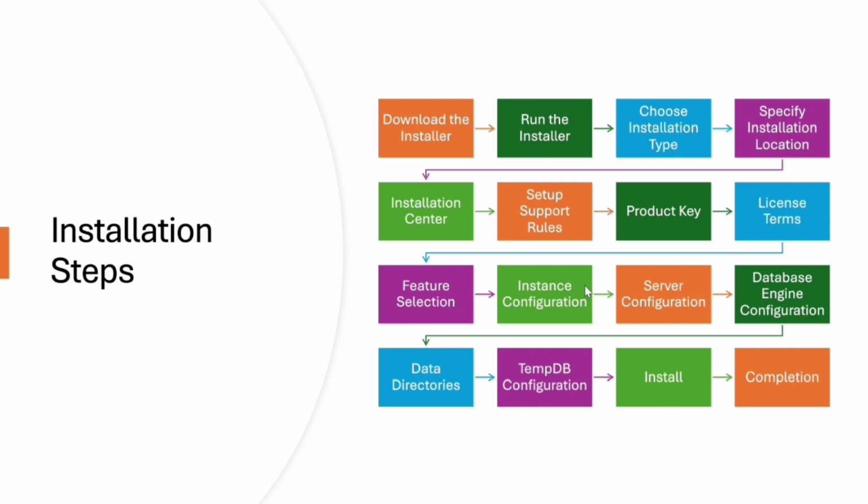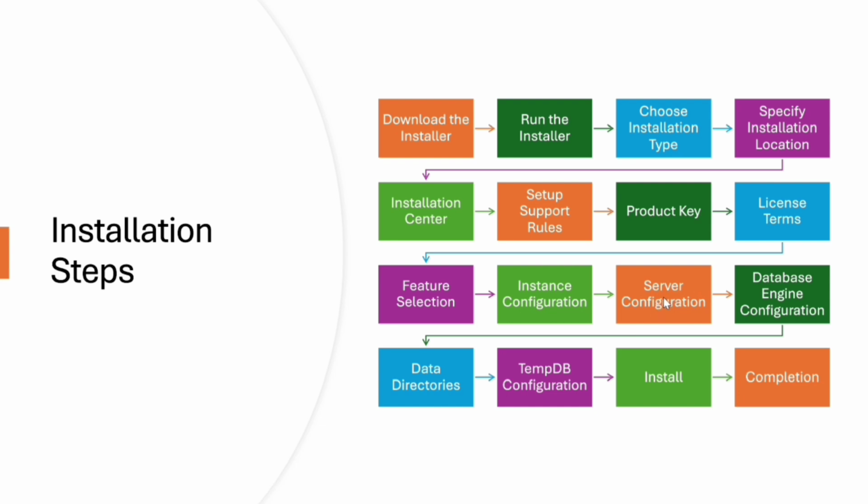And then we have the server configuration. This is where we just need to check whether our SQL Server Agent is working, SQL Server Database Engine is working, and SQL Server Browser is working or not. And we need to check what the startup type is.